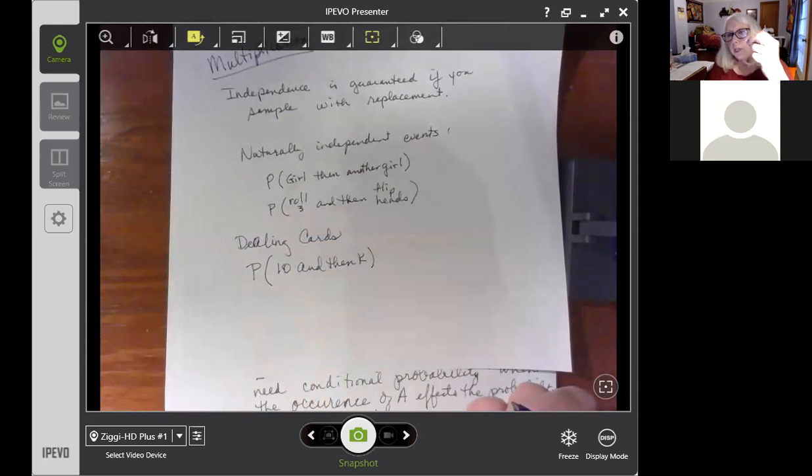If you deal with replacement, it means that you deal the first card, you look at it, you know what it is, and then you put it back in the deck, shuffle the deck, and now you deal the second card.